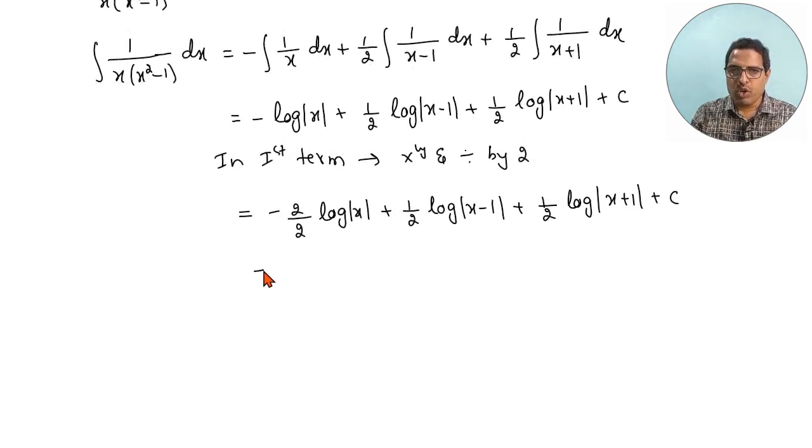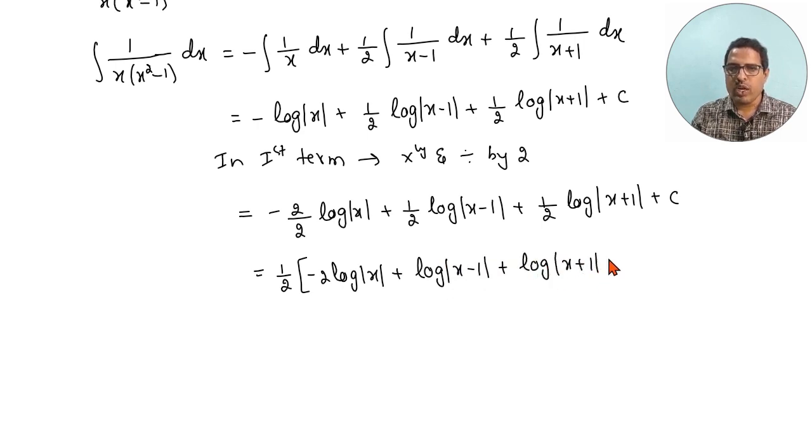If I take half outside, I will be left with minus 2 log of mod x plus log of mod (x minus 1) plus log of mod (x plus 1), plus the constant c.